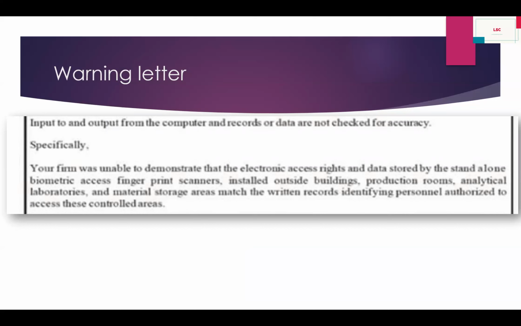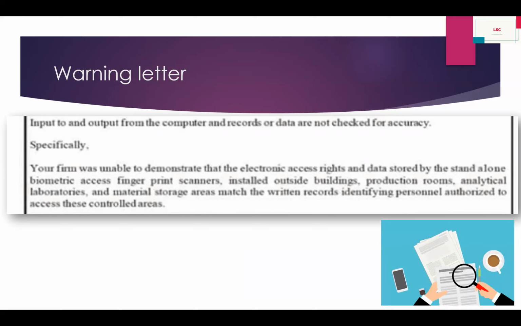Your firm was unable to demonstrate that the electronic access rights and data stored by the standalone biometric access fingerprint scanners installed outside buildings, production rooms, analytical laboratories, and material storage areas match the written record and identify persons authorized to access these controlled areas. It means if you are giving access to a particular area to a person, there is an authorized person list. Either you can maintain it by your paper system, your controlled paper system, or by your software system, whatever way you have, but it should match practically.